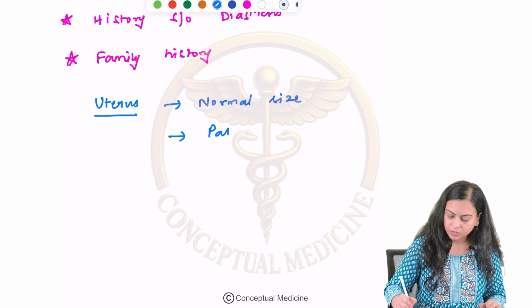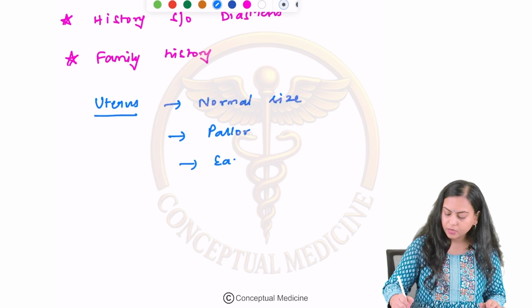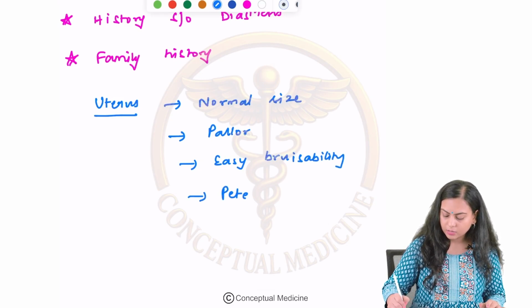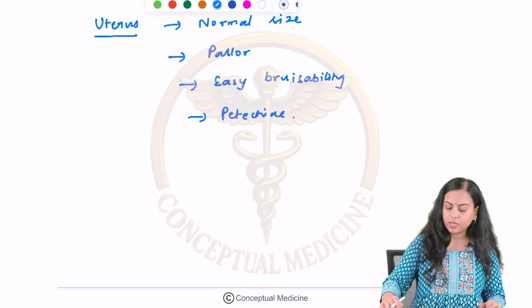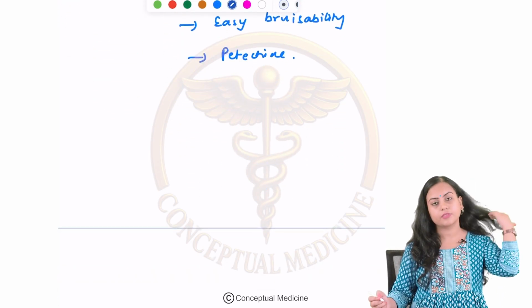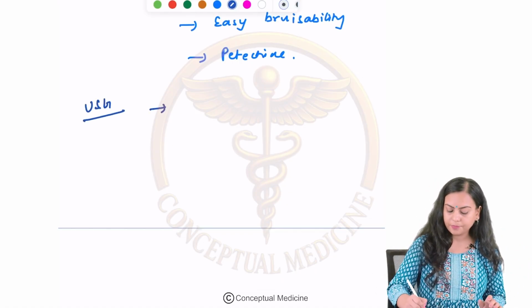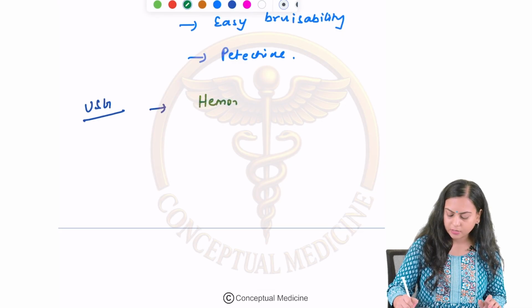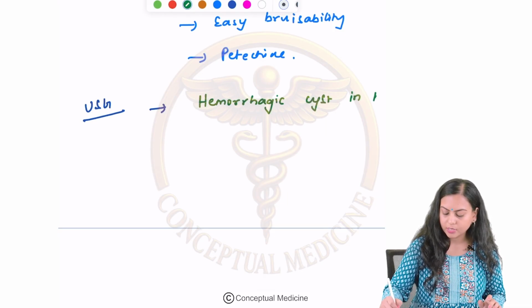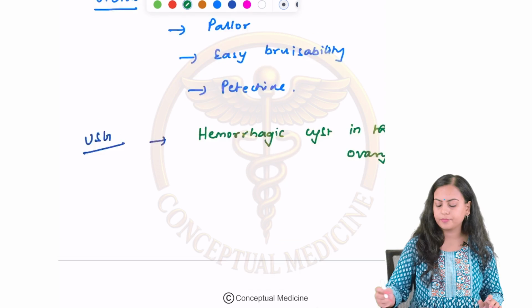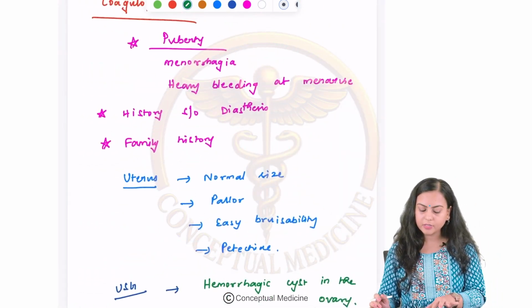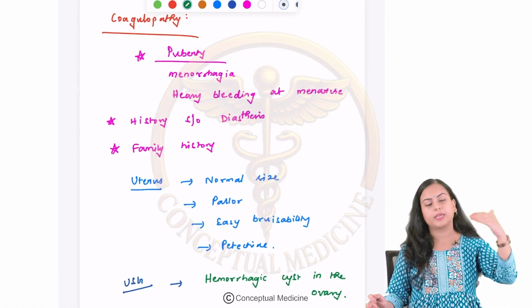There is pallor, easy bruisability and even petechiae. Sometimes when you do an ultrasonogram, you may be able to see a hemorrhagic cyst in the ovary. So these are the things we have to consider when they are a case of coagulopathy.